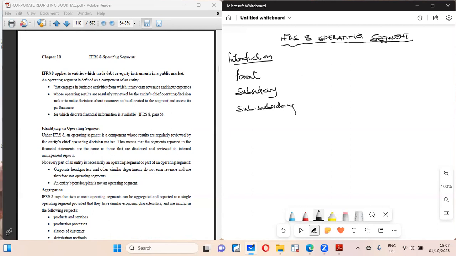Now, all these entities are entities on their own, but because of consolidation, you combine all of them and you prepare what we call a consolidated financial statement. So that is what we do.